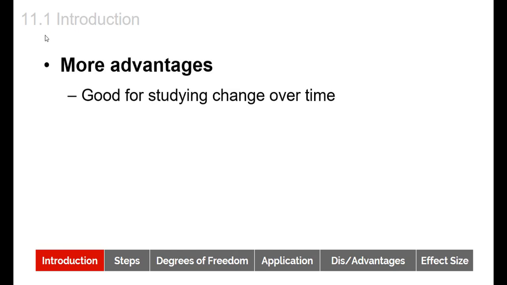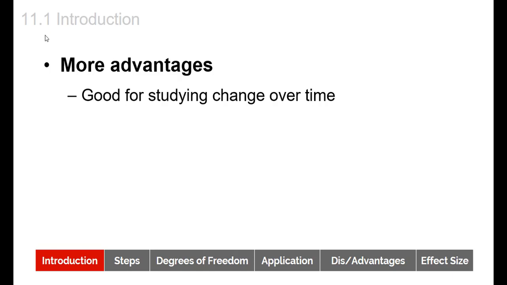Some more advantages are that a repeated measures study is really good for studying change over time. Because if you give the same measure to a group of people at time A and then later at time B, well, they're still the same people. They really haven't changed. But something has changed within that measure over time.